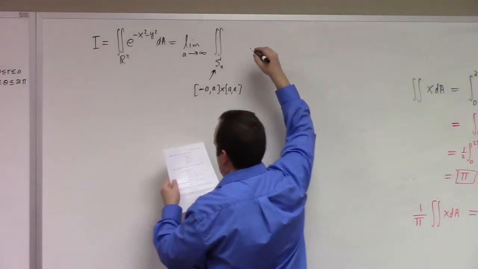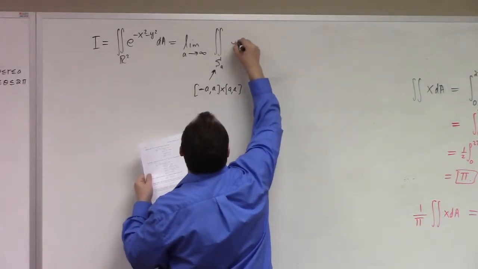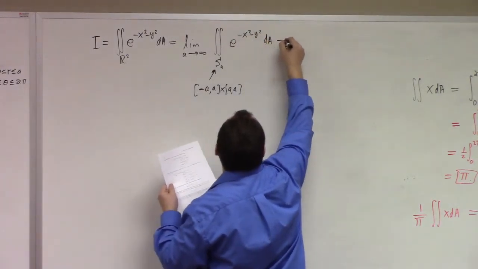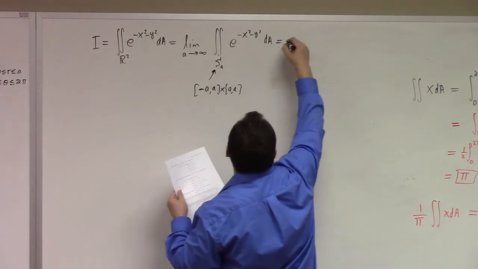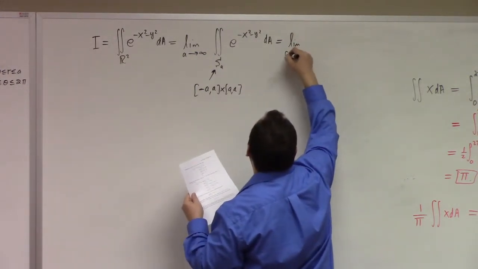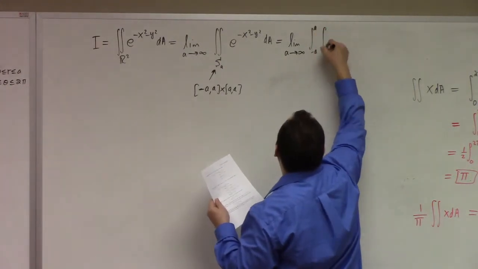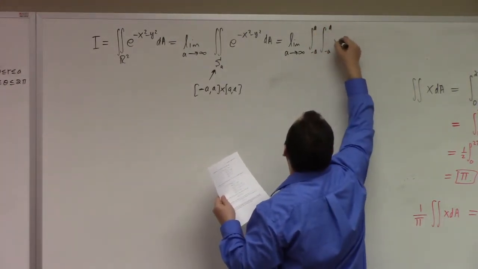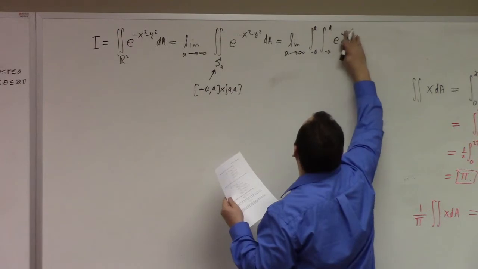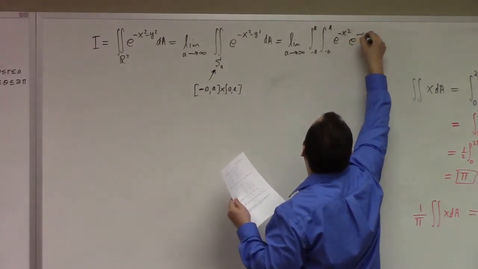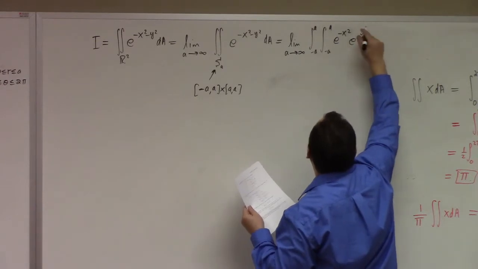Now that's kind of interesting, right? Because this is the same as what? Minus a to a, minus a to a, e to the minus x squared. What can I factor, right? Do you agree?